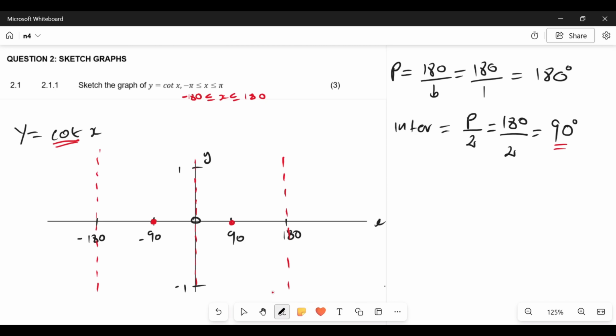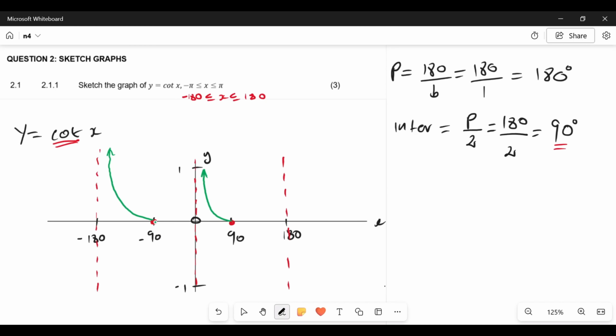So from here, we start drawing our graph. Our cot graph is not like the tan graph. From the point of intersection, you must move towards 0 from the positive side of y, right? On the negative side of x, you're moving away from 0. Then you must asymptote on the asymptote line.